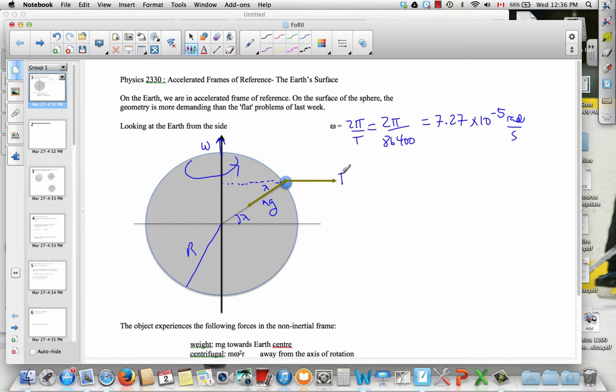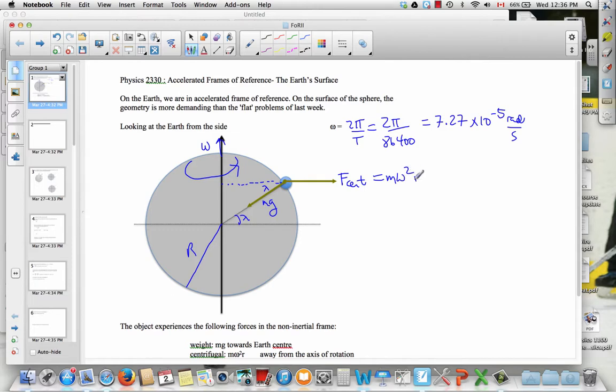So the centrifugal force is m omega squared times that perpendicular distance, and that's m omega squared, radius of the Earth, capital R, cos lambda. Okay, we won't put the Coriolis force in here because it depends on the direction of the velocity.